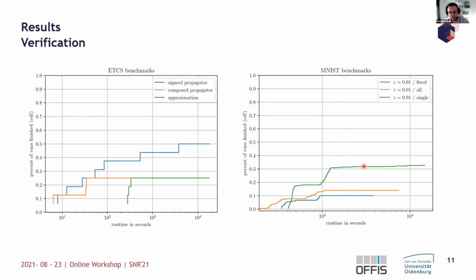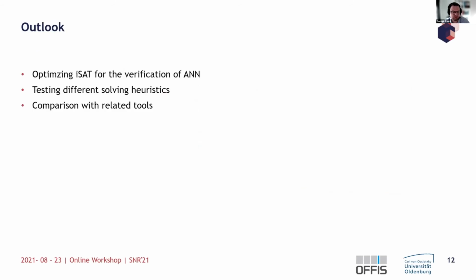And so we are going on with these results. We are also working now on optimizing IZAT itself for artificial neural network verification, because we have relatively long runtimes for problems that clearly violate safety properties, and we want to be able to handle more variables than we thought, or the number of variables in a faster manner.